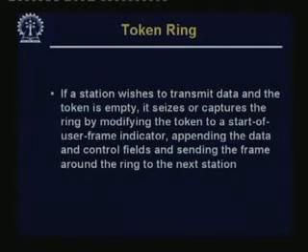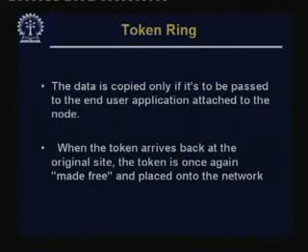The next station now will get the token as well as the frame, which will pass on till we get to the node where the data is copied only if it is to be passed to the end user application attached to the node. That means there is a destination address.